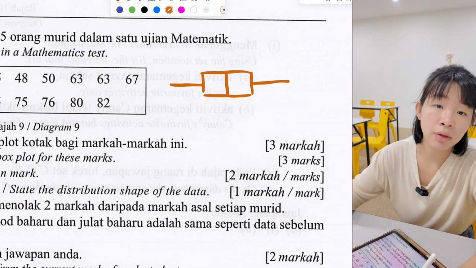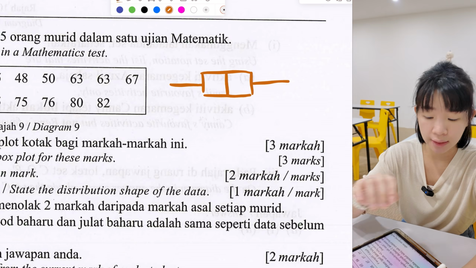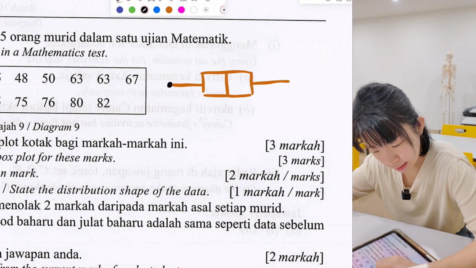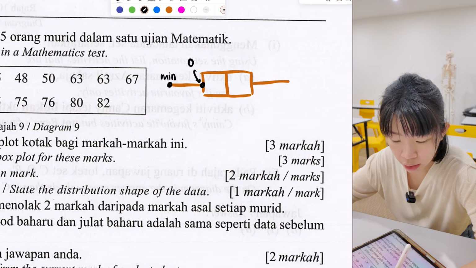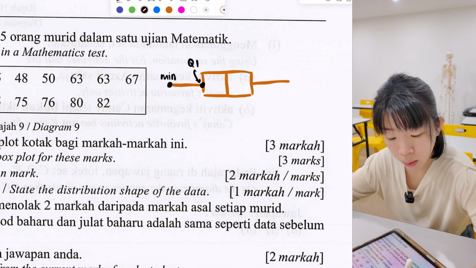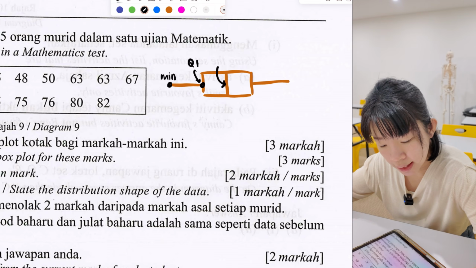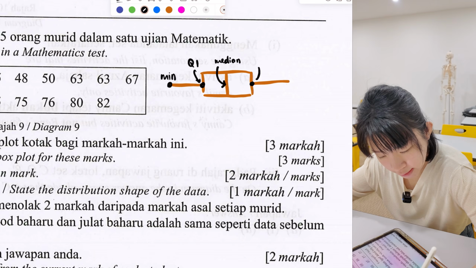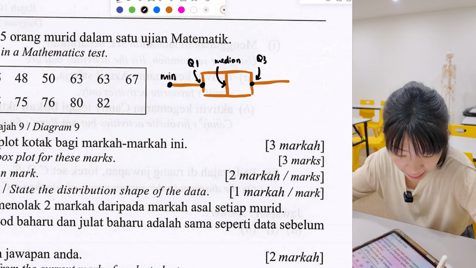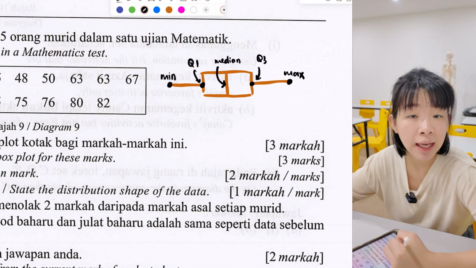Now, to draw this, you always need to get ready 5 pieces of information. First, we need to know the minimum. Second, we need to know the Q1, first quartile, pertama. Third, this line is the median, the middle data. Fourth, this is Q3. And last, this is the maximum data, the biggest value.